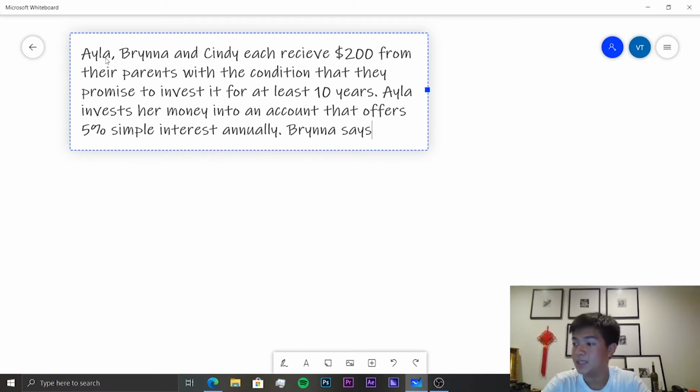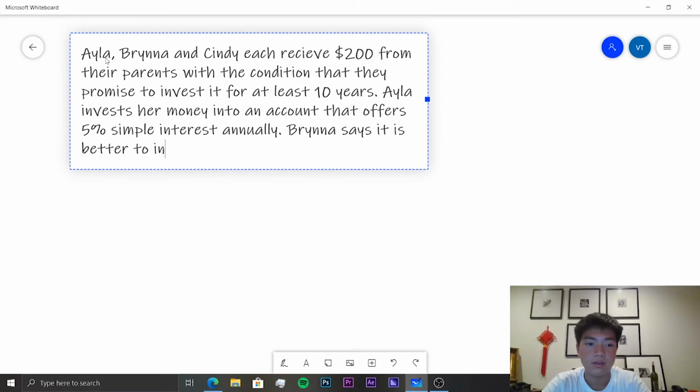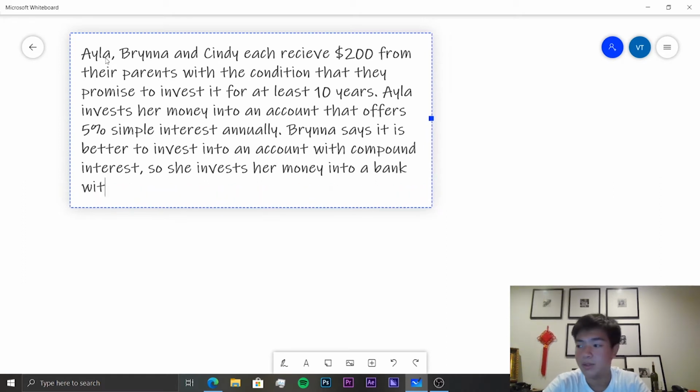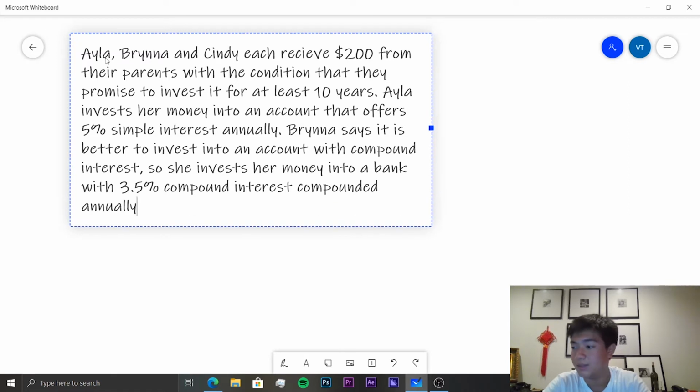Brenna says it is better to invest into an account with compound interest, so she invests her money into a bank with 3.5% compound interest compounded annually.